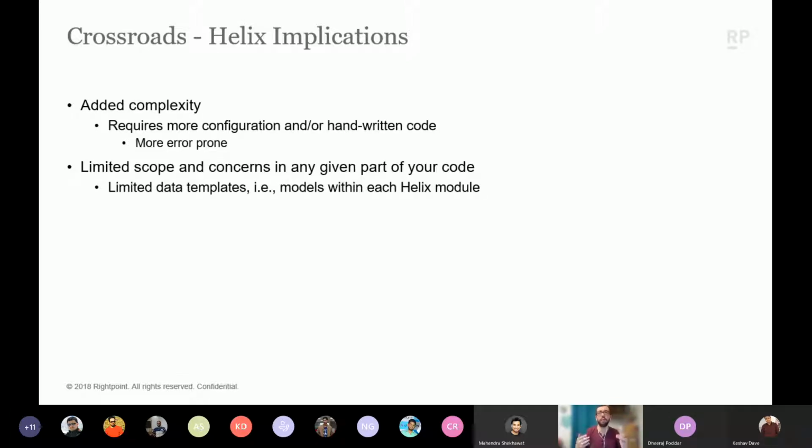And it just added more work than it provided benefits. And then again, as I was saying, with Helix, you have limited scope and limited concern at any given point. When I'm in one project, I'm only worried about the things that are related to that project. So I don't need to have all of my models all together anymore.